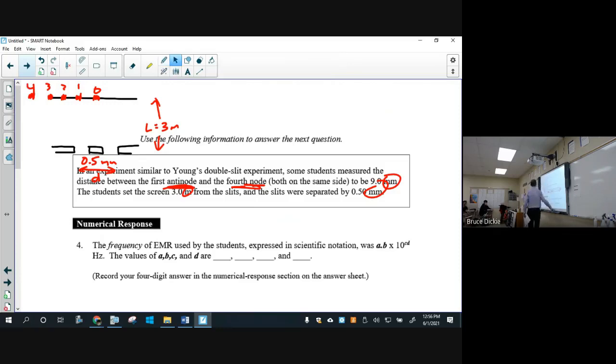We don't need to draw those though. First antinode and fourth node: 1, 2, 3, fourth node.